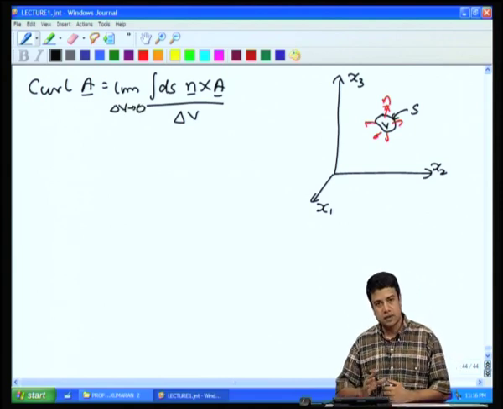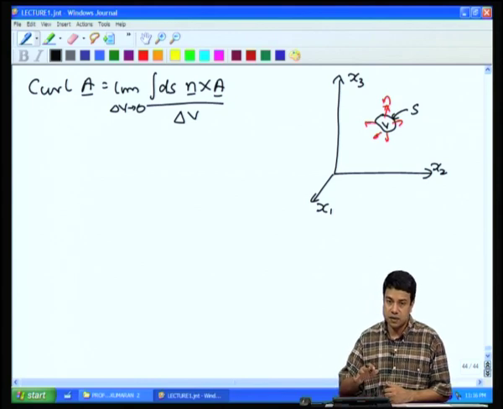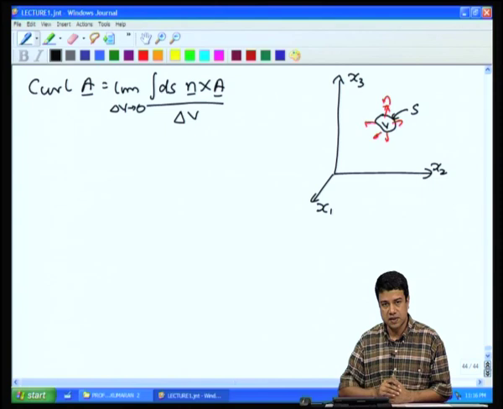So, that is the third class of derivatives of vectors. Note that all of these are defined independent of the coordinate systems. They are not derivatives of components, they are derivatives or integrals of the vectors themselves.